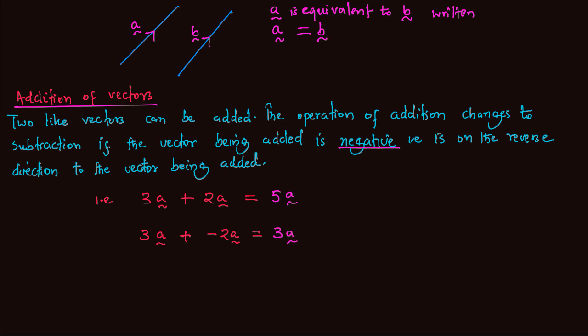The equation becomes 3a minus 2a, and this gives us vector A.